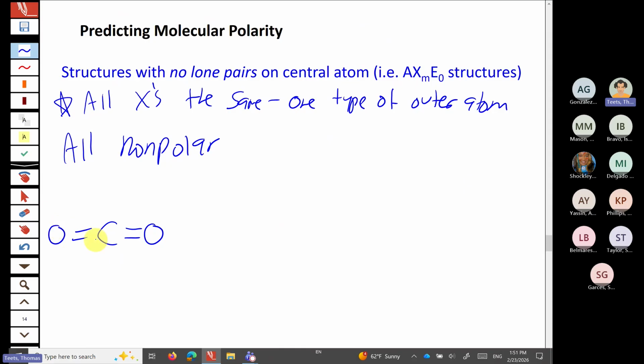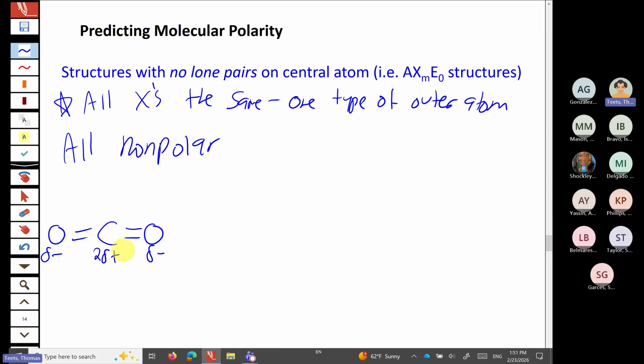Now, again, we can indicate the polarity of the individual bonds on the basis of electronegativity. Oxygen is more electronegative than carbon. So each of these CO bonds itself will be polar. So we would have a delta minus on that oxygen, a delta minus on that oxygen, and then really two delta plus on carbon because each of those bonds is polar.